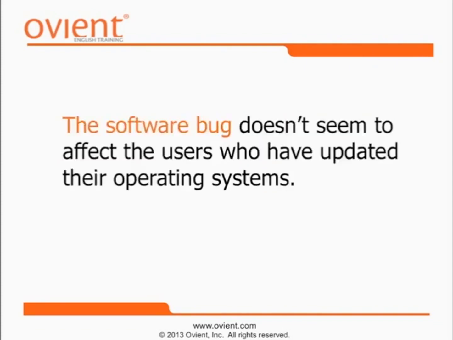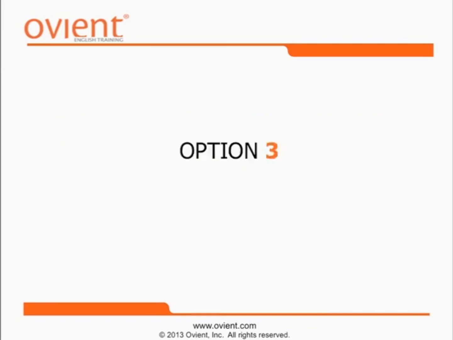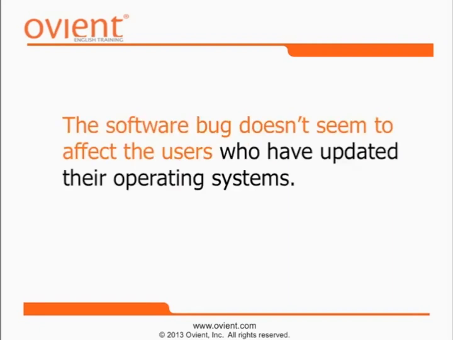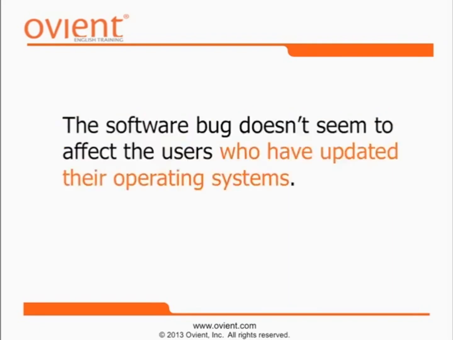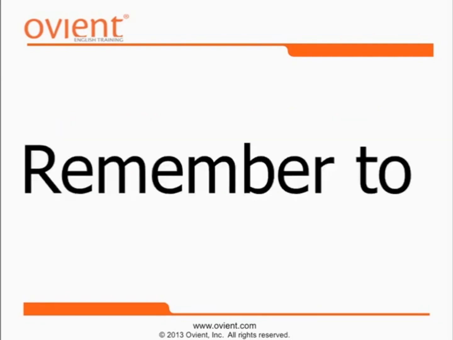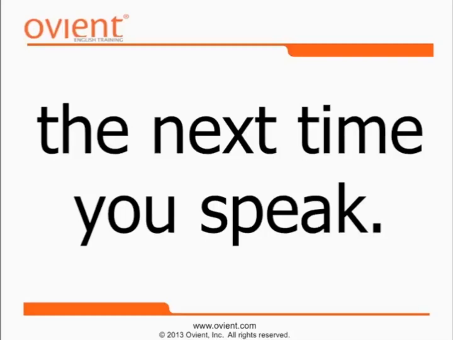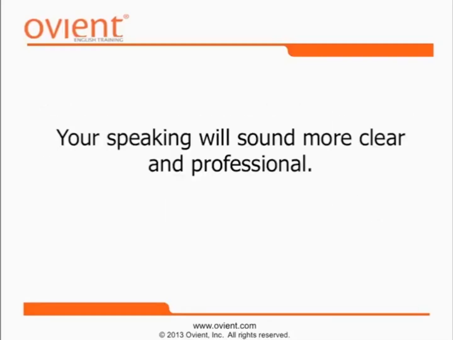The software bug doesn't seem to affect the users who have updated their operating systems. Option 3. The software bug doesn't seem to affect the users who have updated their operating systems. Remember to pause the next time you speak. Your speaking will sound more clear and professional.